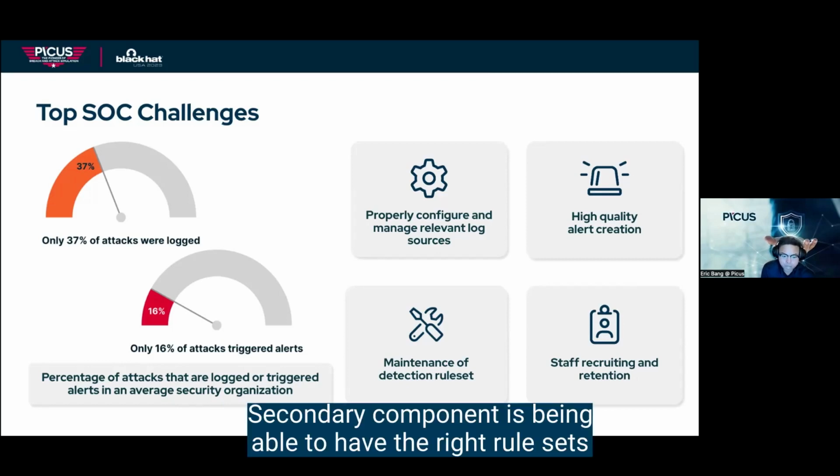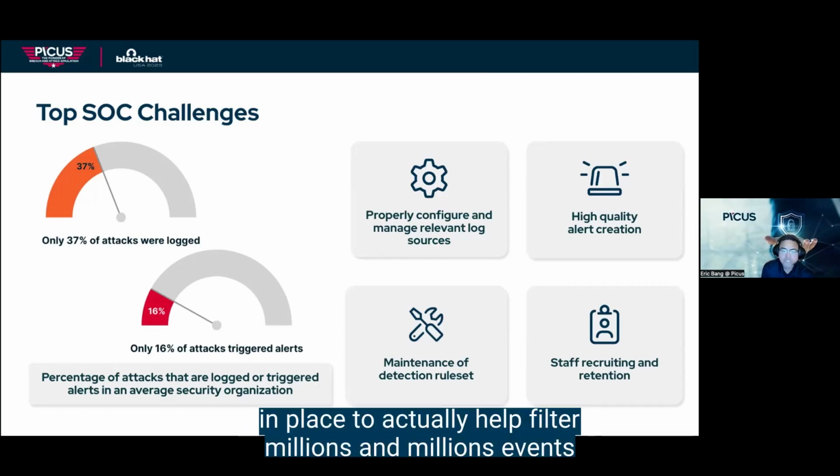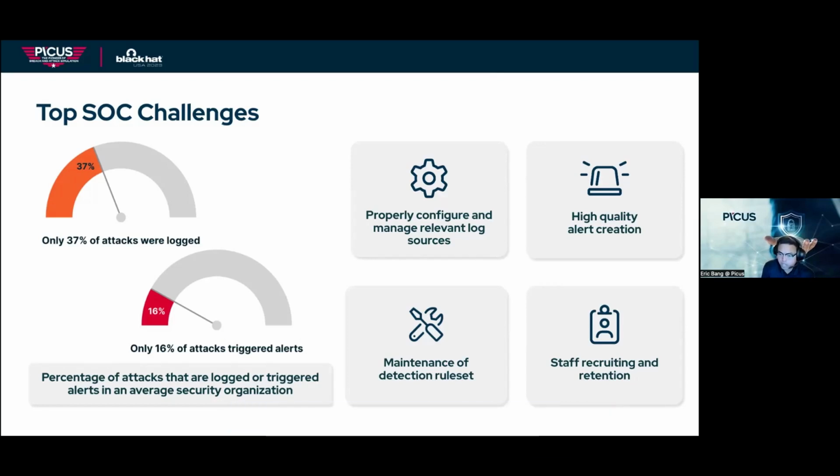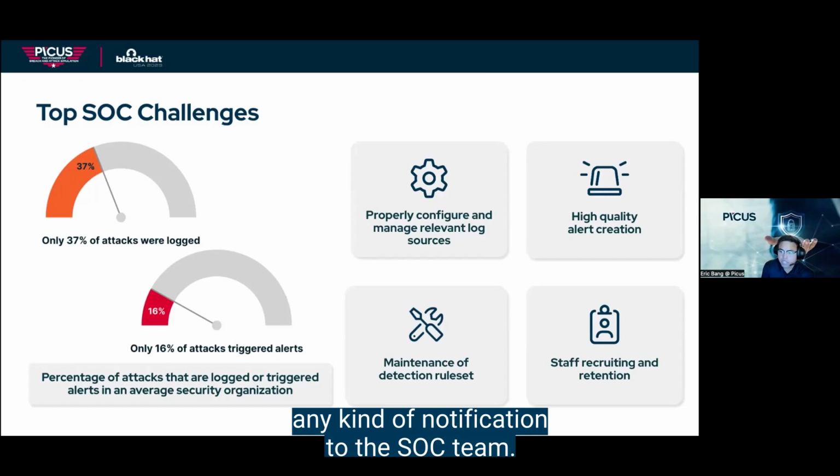The secondary component is having the right rule sets in place to help filter millions and millions of events that might come through the SIEM, to actually alert and trigger a notification to the SOC team.